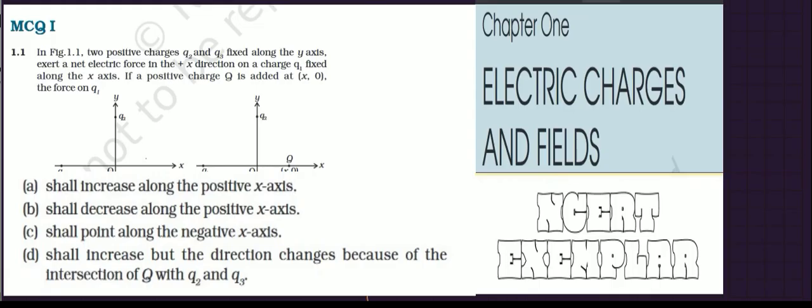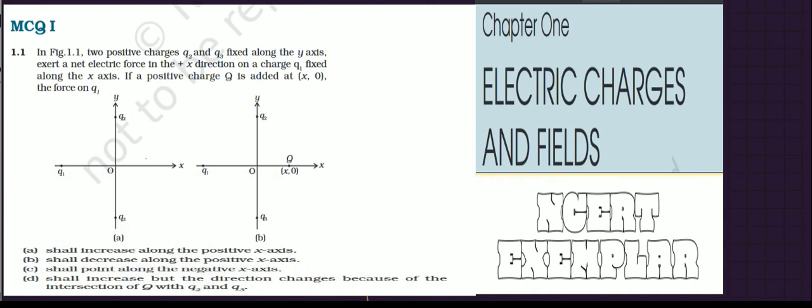Now, let's see the diagram number 1. There are two charges which are Q2 and Q3. You can see their location is given to you, and they exert a net force on Q1. This is your Q1.